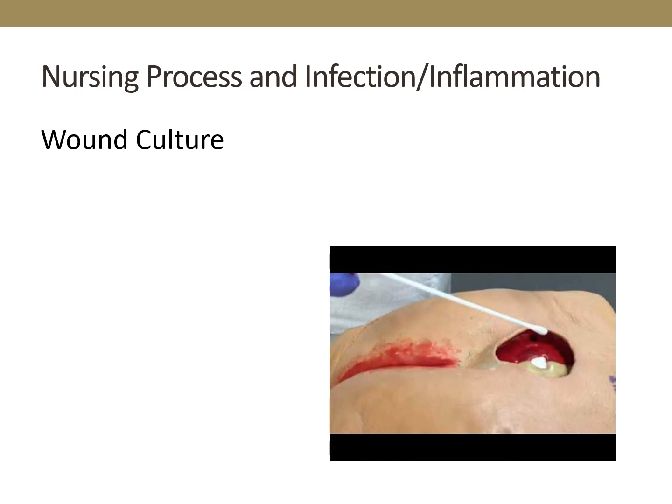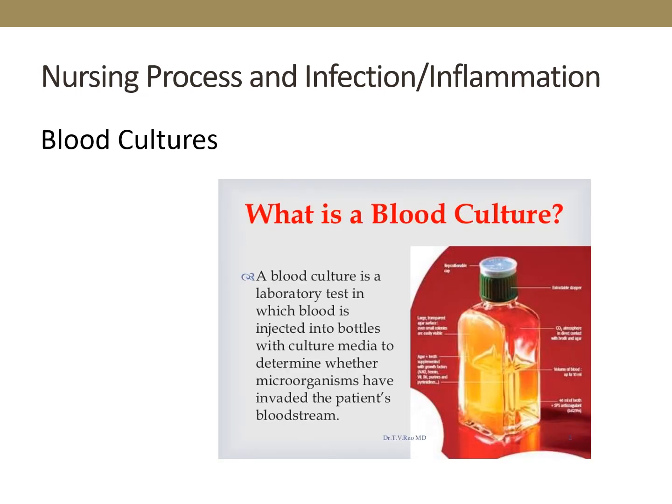And then finally, blood cultures. You take a sample from the bloodstream, and it can tell you what kind of microorganisms have invaded the patient's bloodstream. Once you figure out the microorganism, they can also use blood cultures to figure out which type of antibiotic will help if it is a bacterial infection.